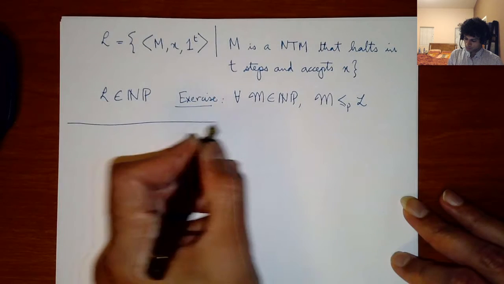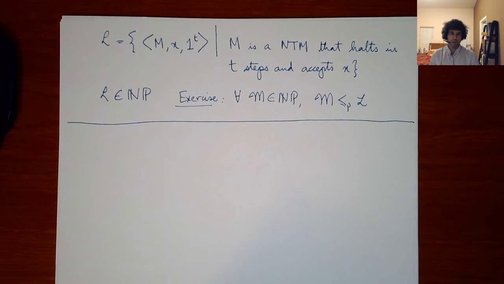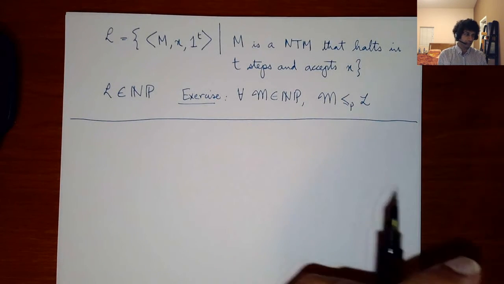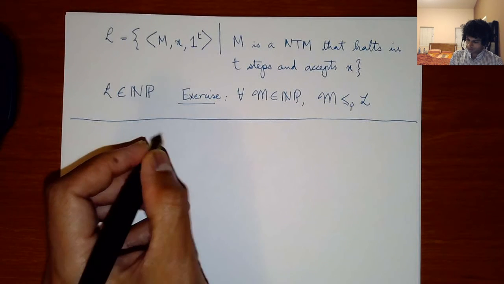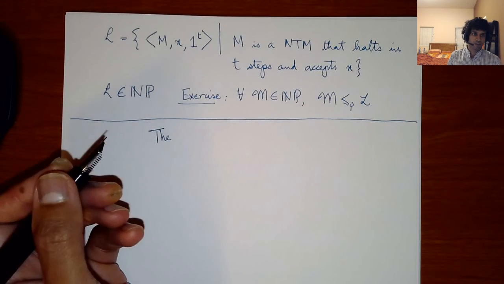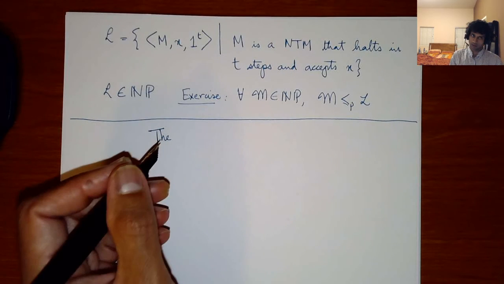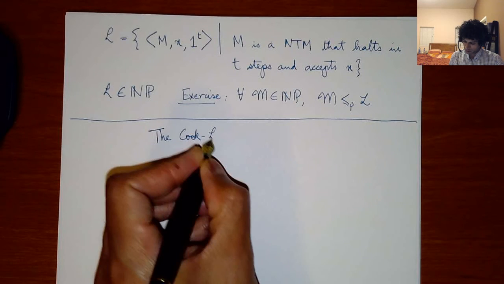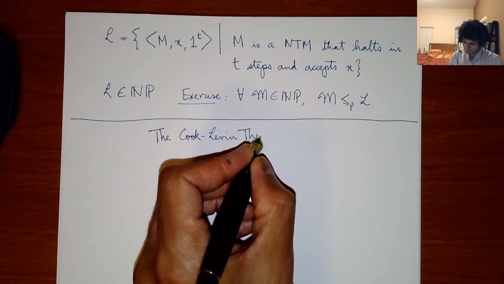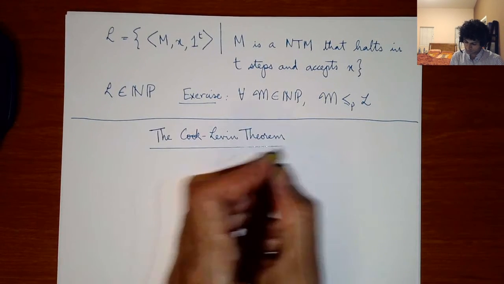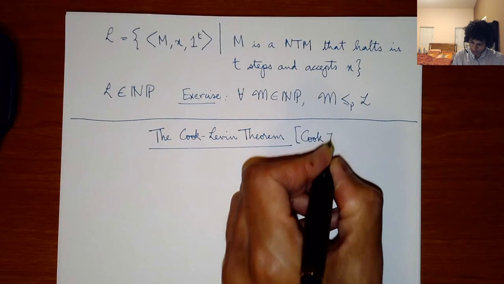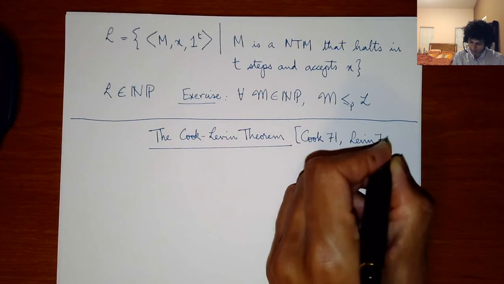Okay. But this is a very contrived language that's NP-complete. And you might think, okay, so what? So you cooked up some language which is NP-complete. And this is where one of the monumental achievements in computational complexity theory, or actually in computer science as a whole, is the Cook-Levin theorem. Proven by Cook in 71 and Levin in 72.